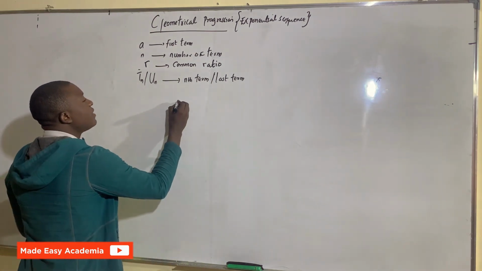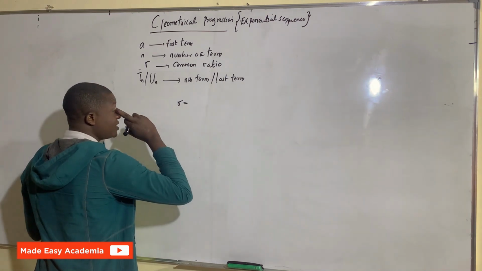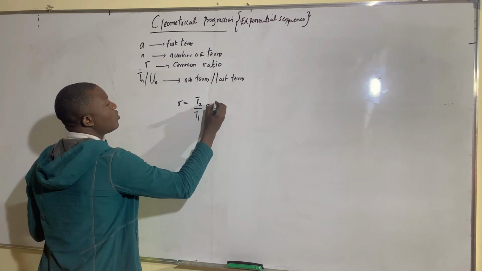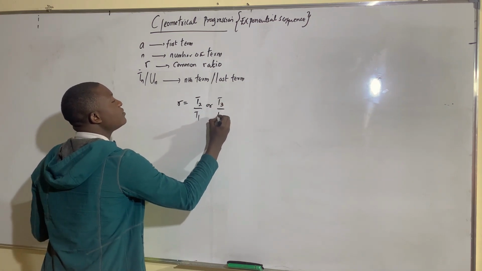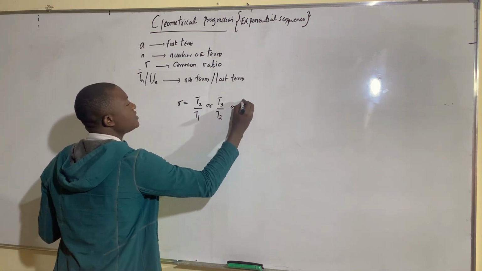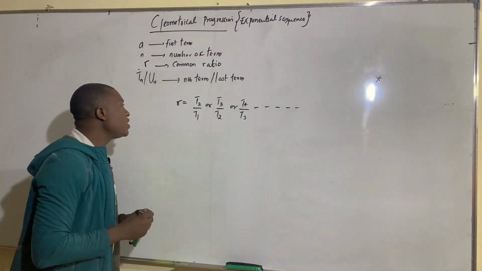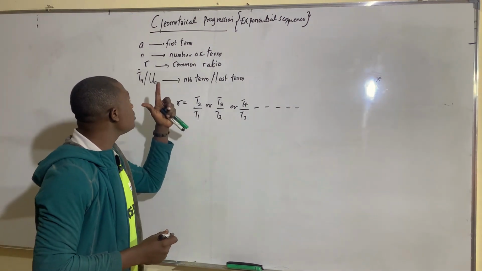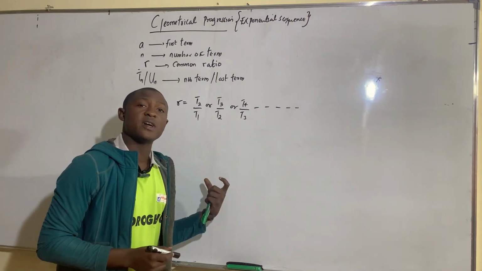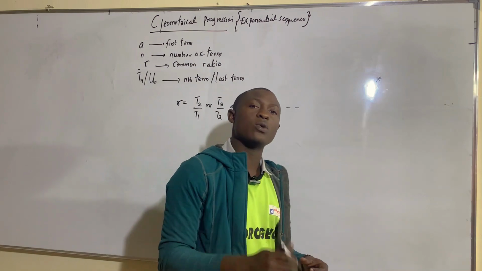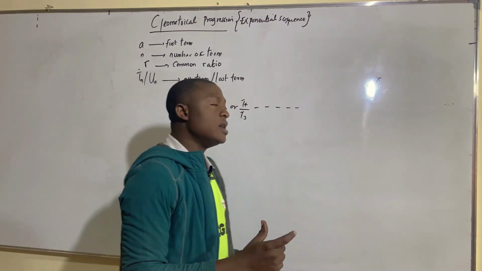If I want to obtain the common ratio, I can take the second term over the first term, or the third term over the second term, or the fourth term over the third term, and so on. For a sequence to be a geometric progression, the ratios must be the same. If they have the same ratio, we can conclude that the sequence is a geometric progression.